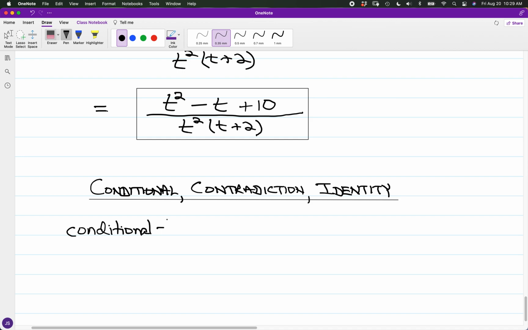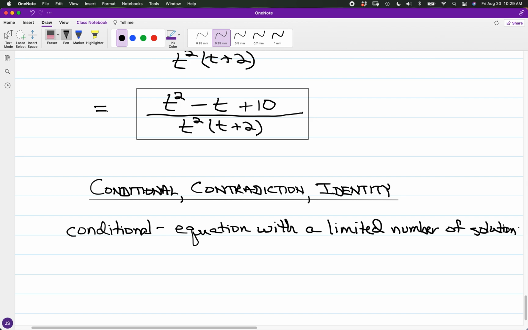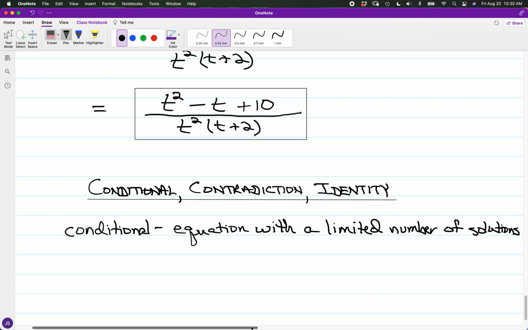And a conditional is going to be an equation with a limited number of solutions. Like you can have a problem where there is only one solution, or some might coin it as one right answer, and that would be a case of a conditional.